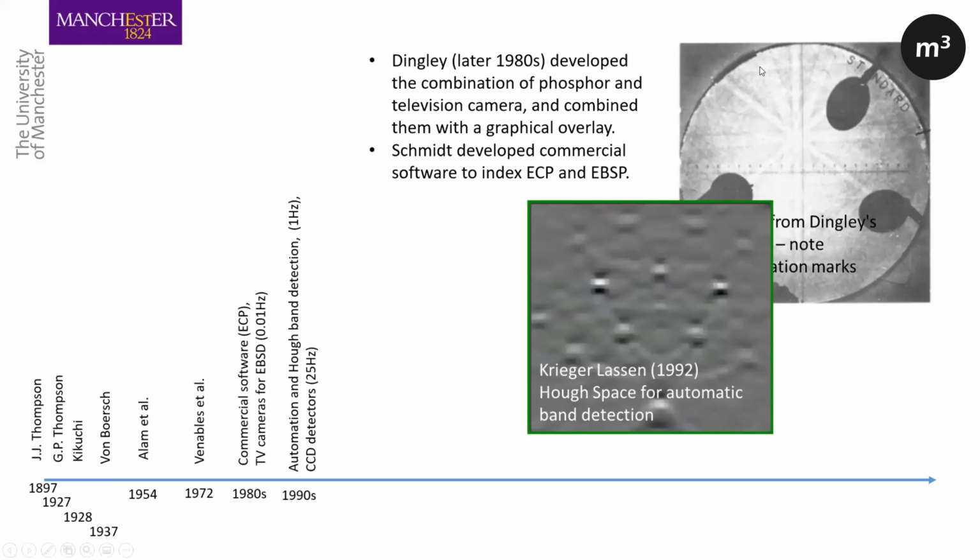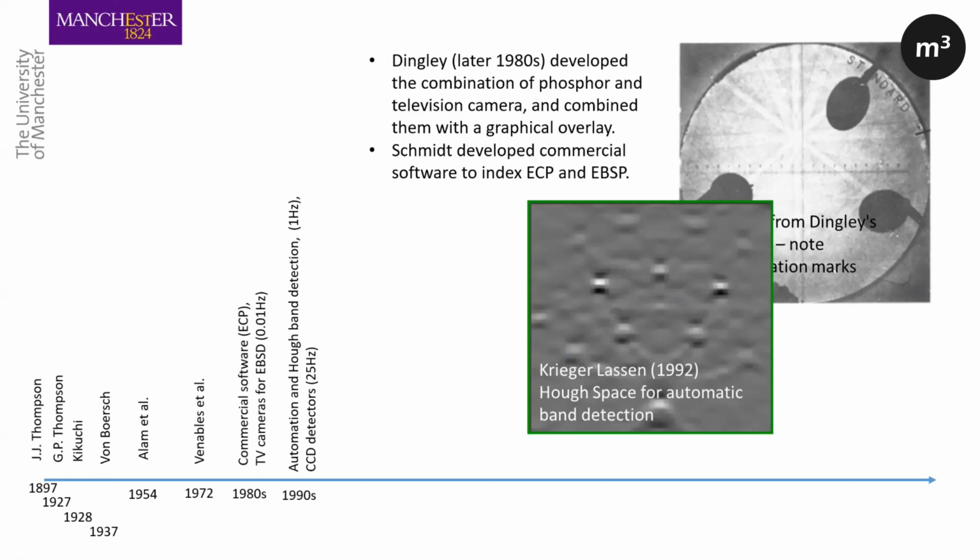So by converting the lines into spots, each line would be a spot in the Hough space, and then the software detects these, and then knows where the bands are, and then compares it to the match unit, the reflector list, and indexes it.